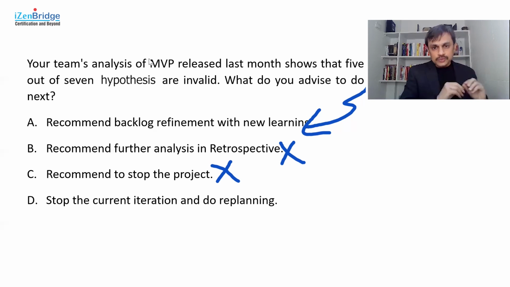So your advice would be that, okay, guys, how does this whole learning or discovery change our path for product development? And that is something which we are going to discuss in a backlog refinement.